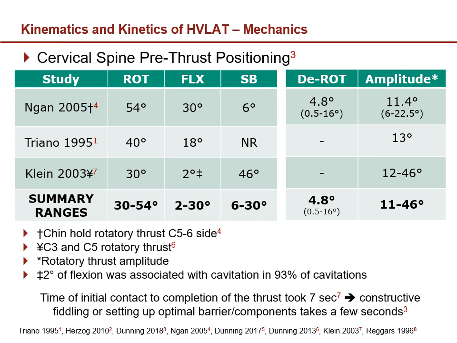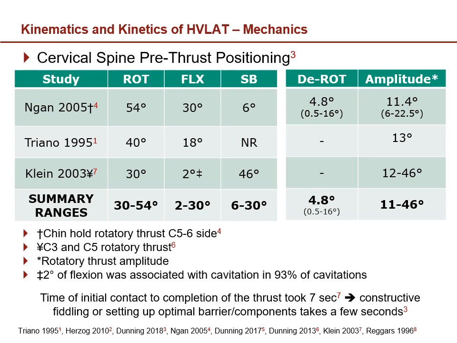When we're looking at the chin rotary thrust, specifically in the Nian 2005, we're looking at the C5, C6 level. For the last one, Klein 2003, they were looking at C3 to C5.